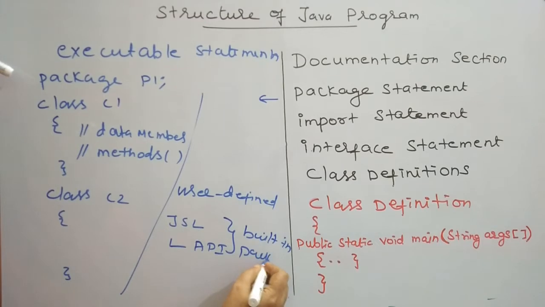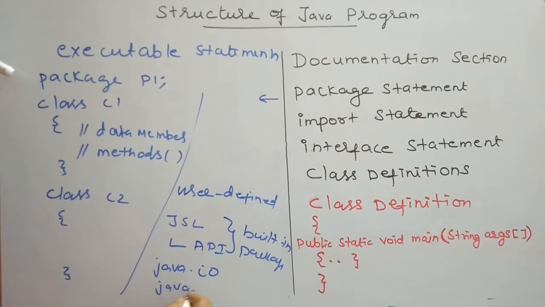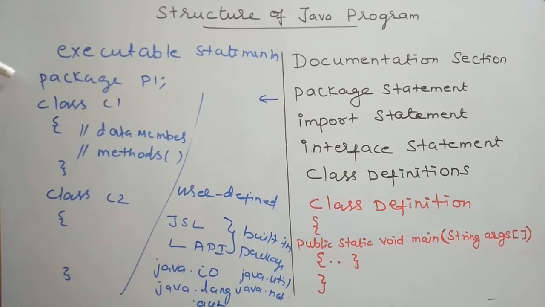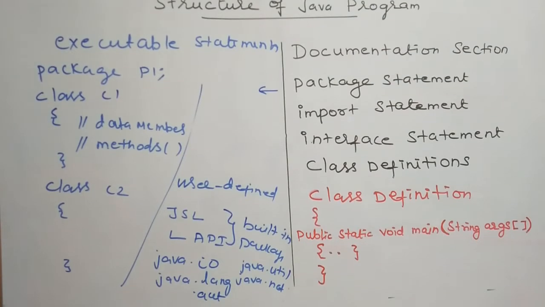The commonly used built-in packages are java.io, java.lang, java.util, and then java.net, java.awt. These are all the commonly used built-in packages in the Java language.